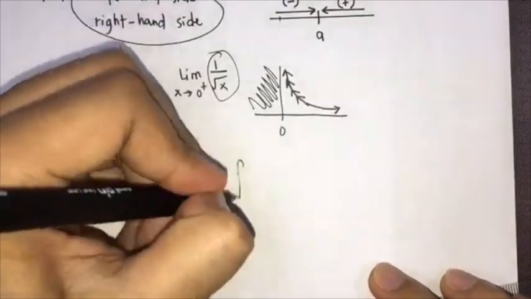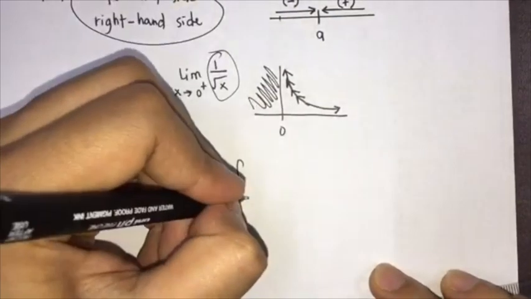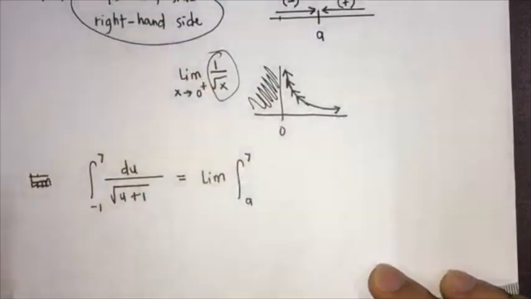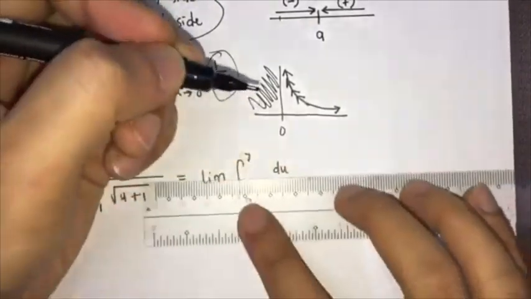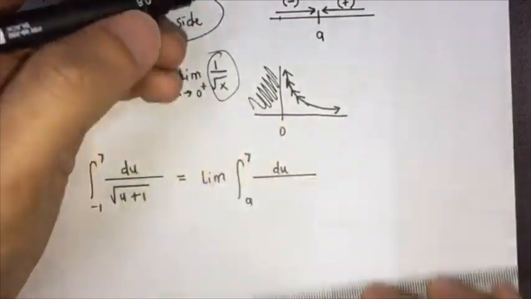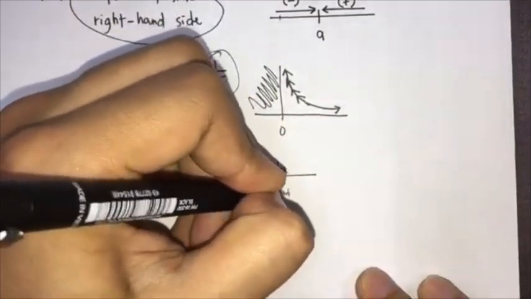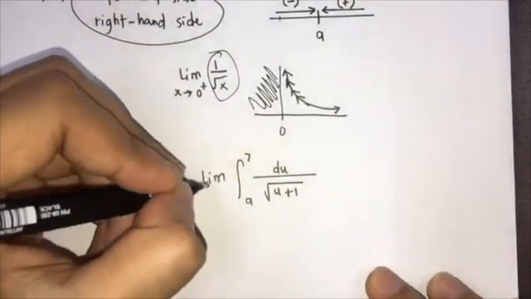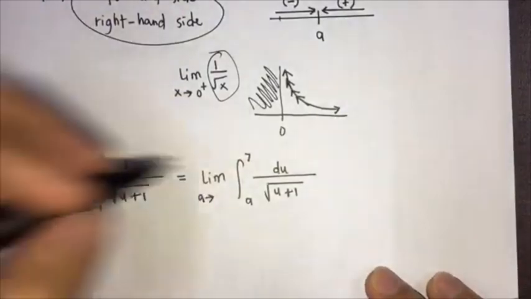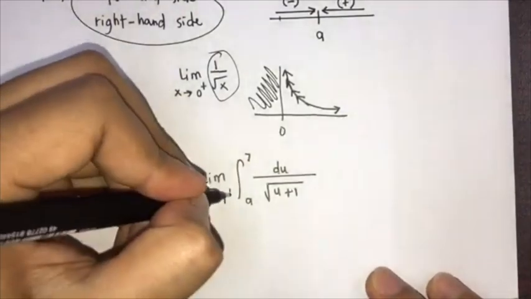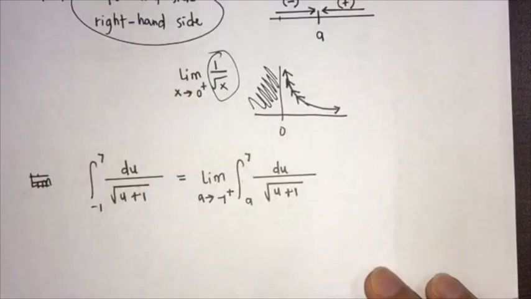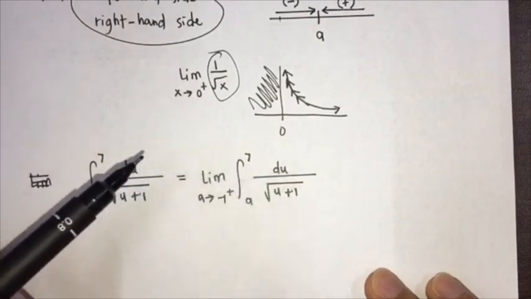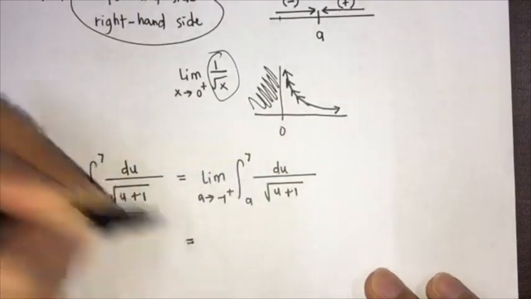So the limit of the integral from a to 7 of du over square root of u plus 1, as a approaches negative 1 from the right. Okay, so that's all you need to add, and then evaluating it is the same process.